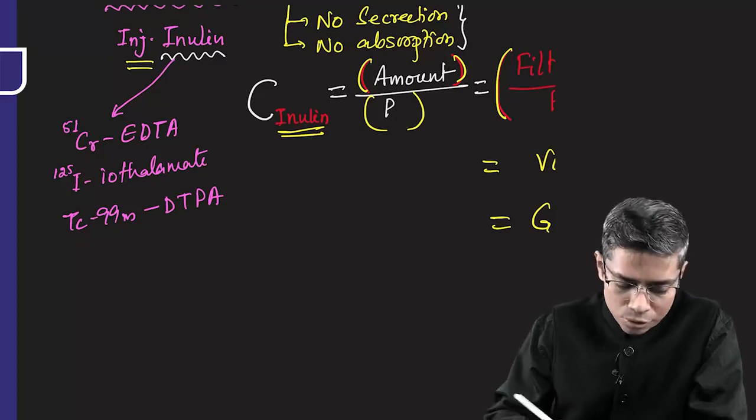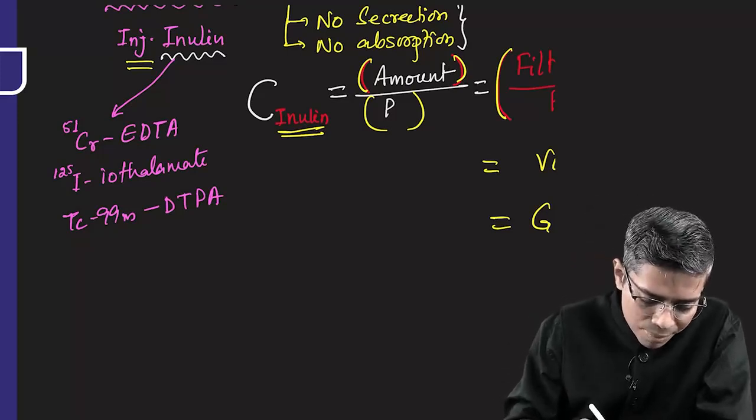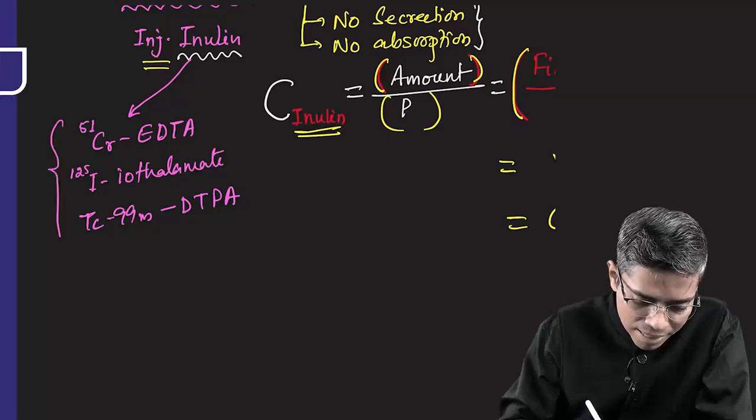So all these three substances have similar properties to inulin. That's why nowadays, rather than using inulin clearance, we are measuring the clearance of DTPA, and that will give you the best measurement of the GFR. So the GFR is equal to clearance of inulin, or clearance of EDTA, or clearance of DTPA. This way the GFR is measured.